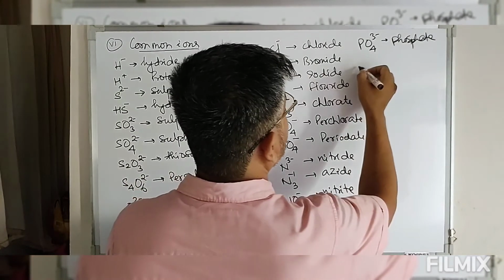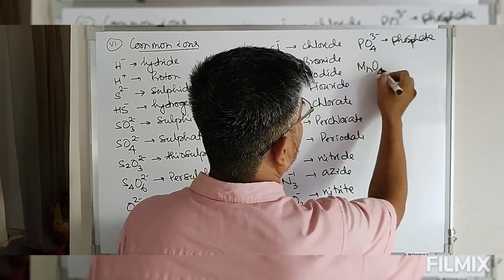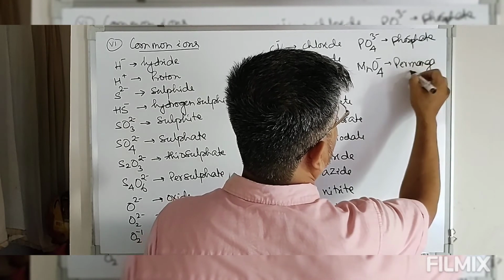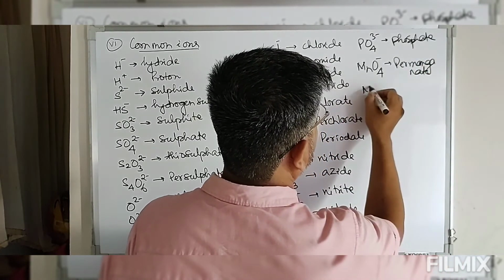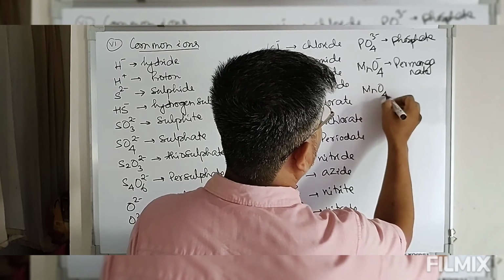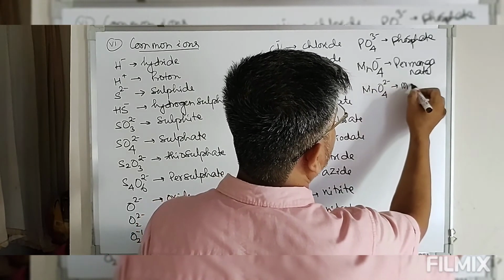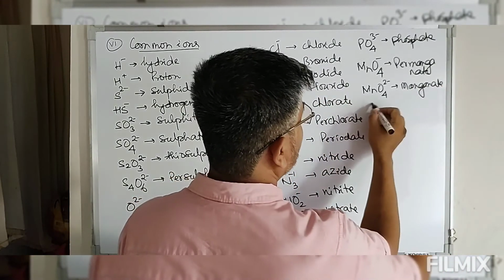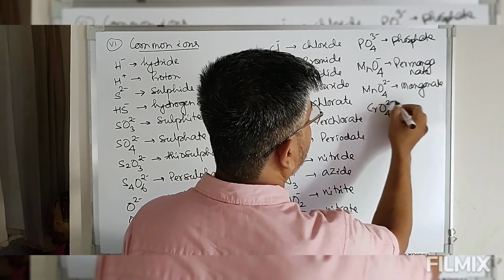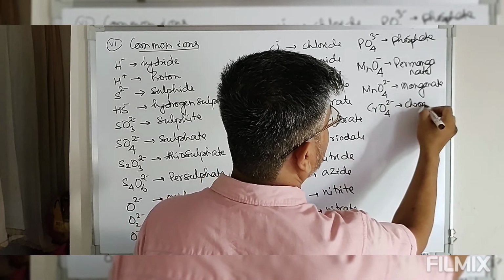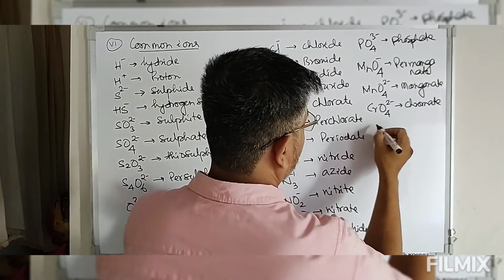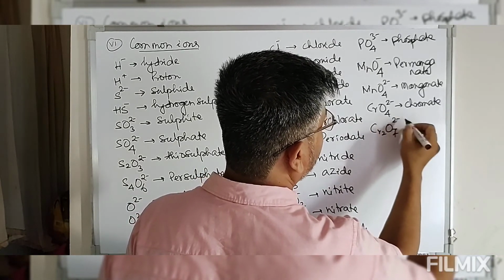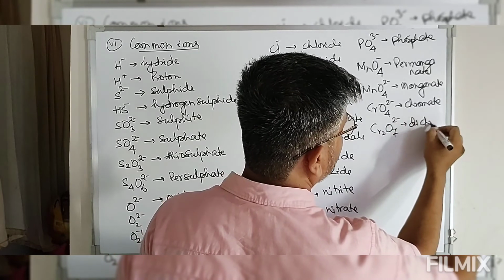We have MnO4 minus, permanganate ion. MnO4 2 minus, manganate ion. CrO4 2 minus, chromate ion. Cr2O7 2 minus, dichromate.